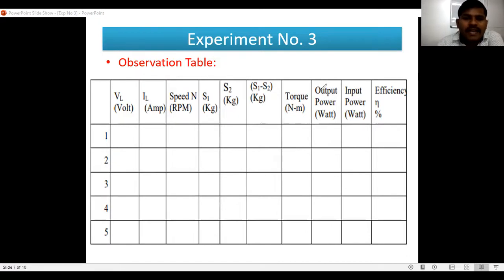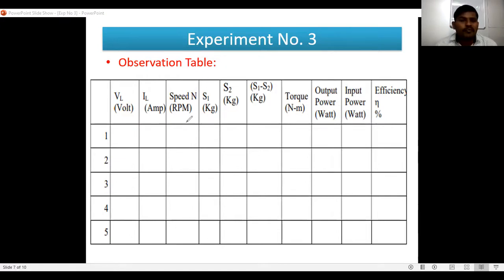After that we calculate the output power. What is the formula for calculating output power? P output is equal to 2 pi NT divided by 60. Based on that we do the calculation.